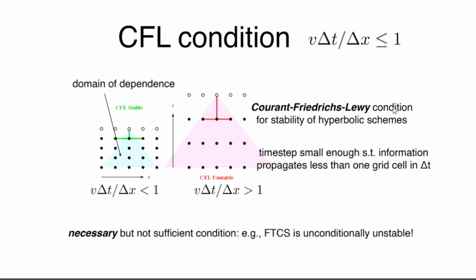So this is the unstable situation shown. You see information from beyond these points is traveling, and that results in numerical instability.